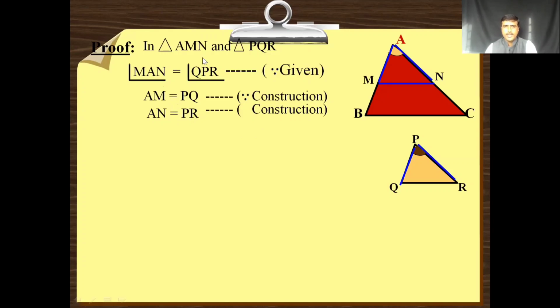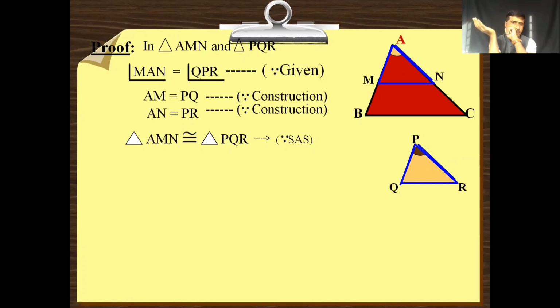So that means I can apply SAS congruency criteria and I can say triangle AMN and triangle PQR are the one and the same, that is, they are congruent. So here is triangle AMN congruent to triangle PQR, and the reason for that you need to mention clearly: SAS congruency criteria.